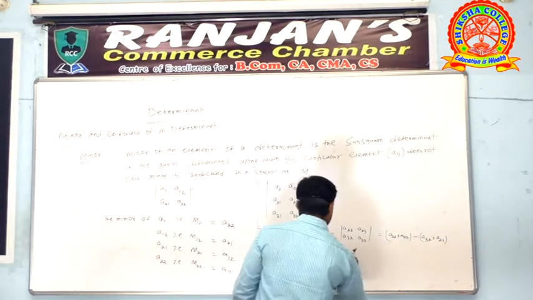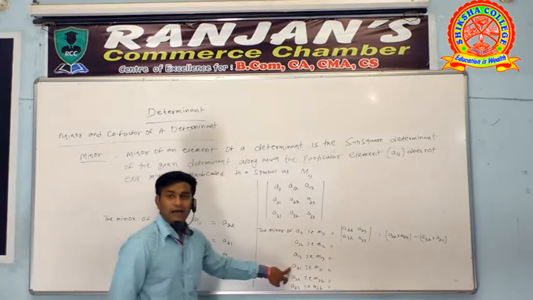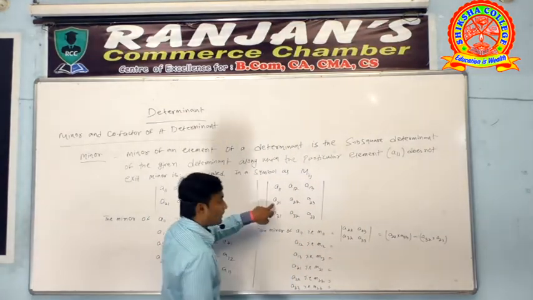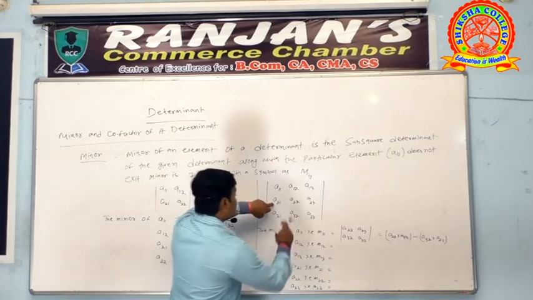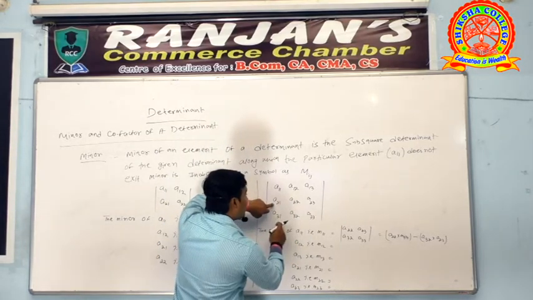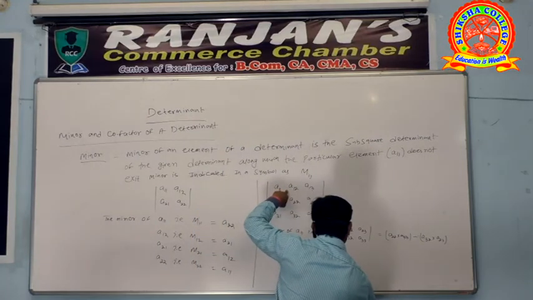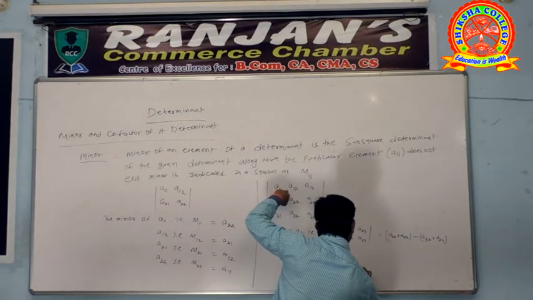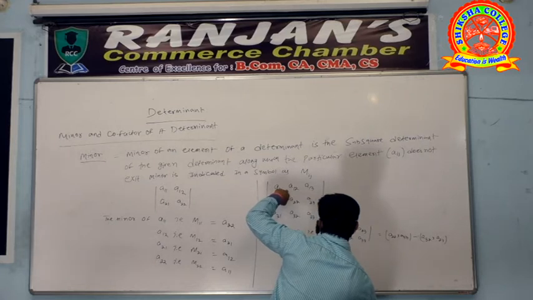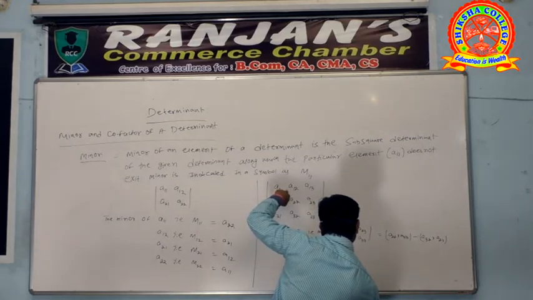Same if we take A21. Deleting the row and column containing it, this and this. Now what is left? A12, A13, A32, A33.